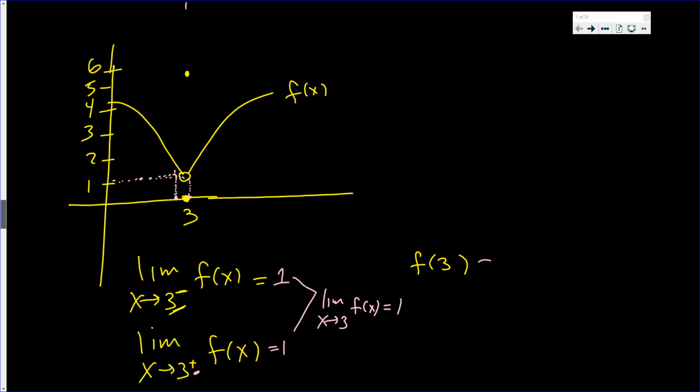Now f of 3, well, you just look up and down from the line x equals 3. And it, excuse me a moment, it only crossed the graph right here. Everything in green, and I mean everything in green, is part of the graph.